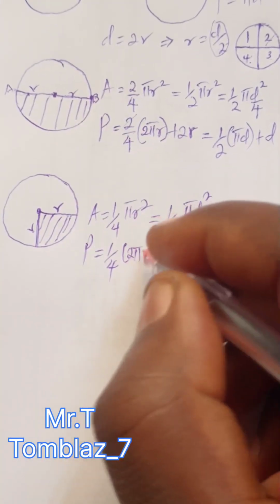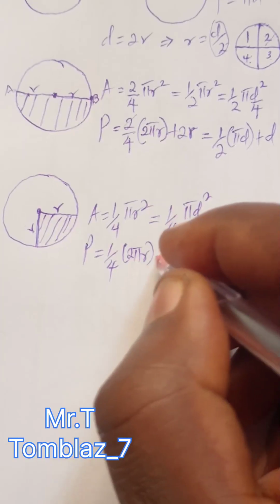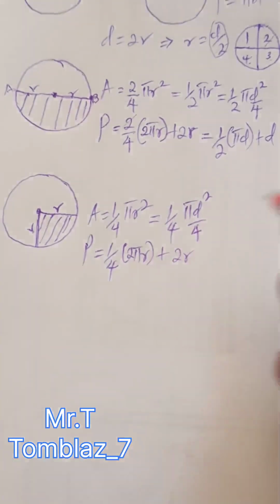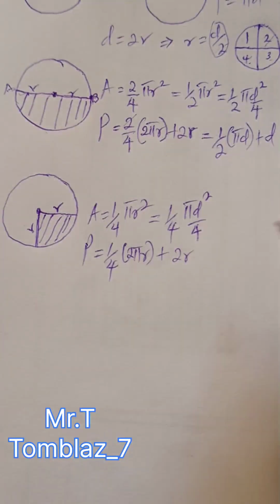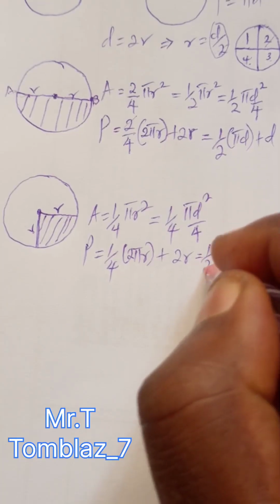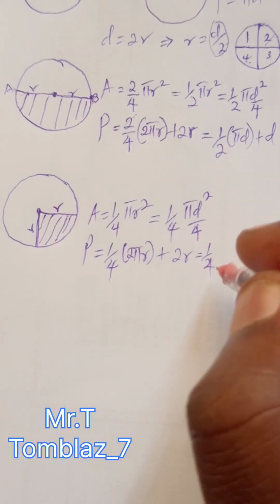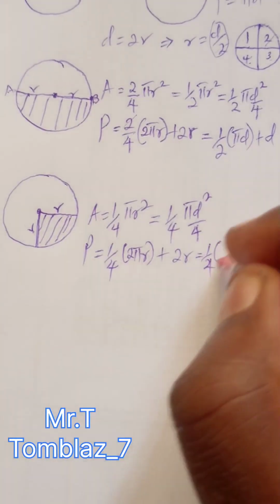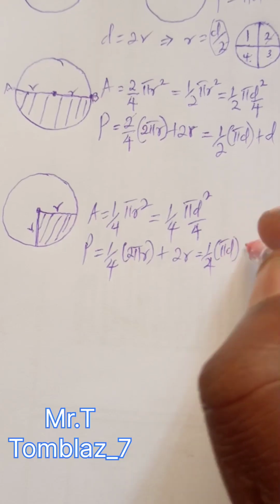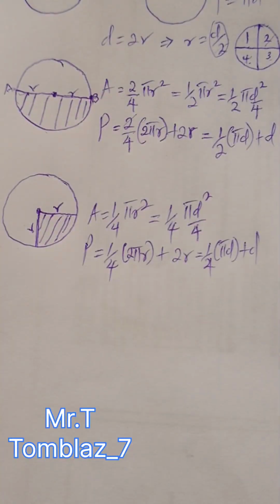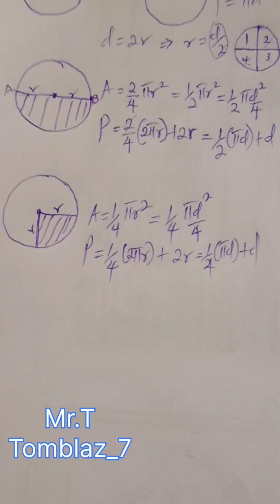We have 2 pi r plus 2r, right? So it also applies that if we want to use diameter, it will be 1/4 pi d plus d. Whichever is easy for you to use, you can just use it, right?